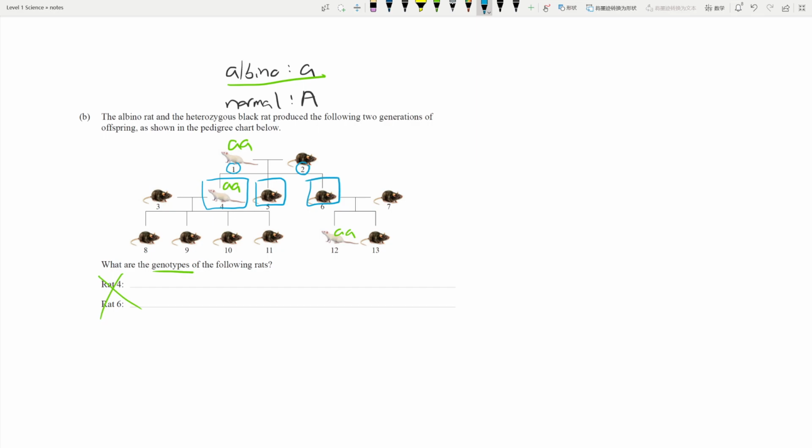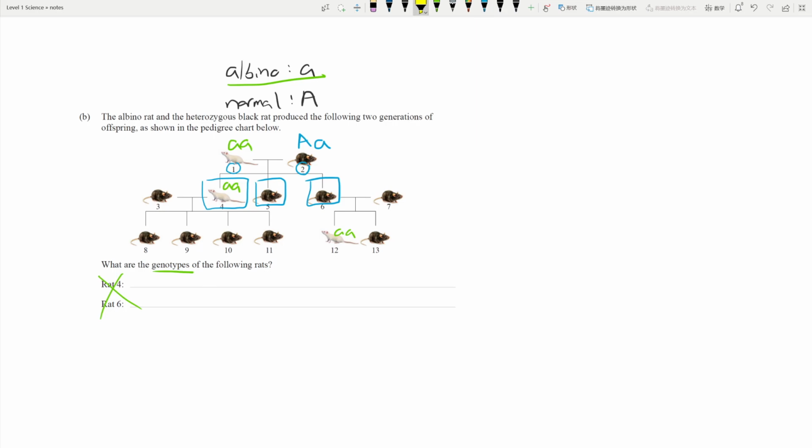I don't want to write long explanations, I just want you to understand this. This has to have a capital A, and the other letter has to be a small a. You probably ask, how do you know it's not a capital A? How do you know it's not homozygous dominant?